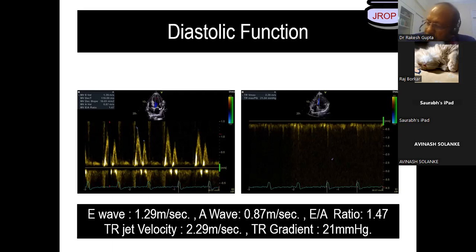Good evening, Avinash. Now, this is a slide of a patient who has got a reduced LV systolic function. Tell me what kind of diastolic function this patient has got.